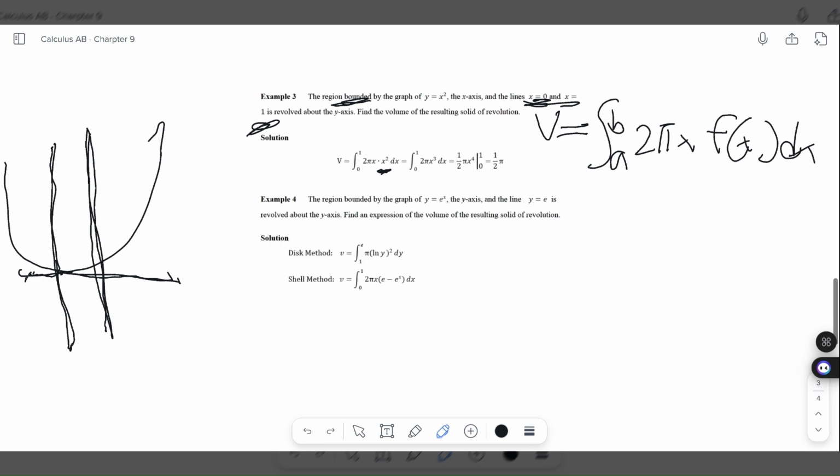So the x-axis is this. X equals 0 is here, and then x equals 1 is here. So where is the radius? It is the distance between here to here, which is x squared minus 0, which is still x squared. And that's how we got the radius of x squared. You take the integral, which is 1/2 pi x to the power 4, bounded 0 to 1, plug that in, 1/2 pi.